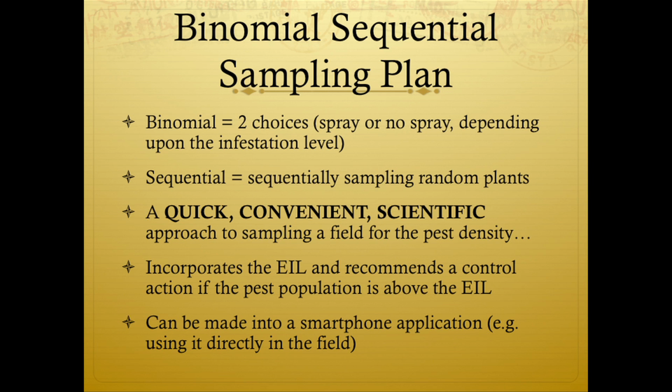They incorporate the EIL, and it recommends a spray action or not a spray action, or to continue sampling. And these can be made into a smartphone application. If you want to know more about that, you can ask Stephen Fricke over there, or see his poster later on.